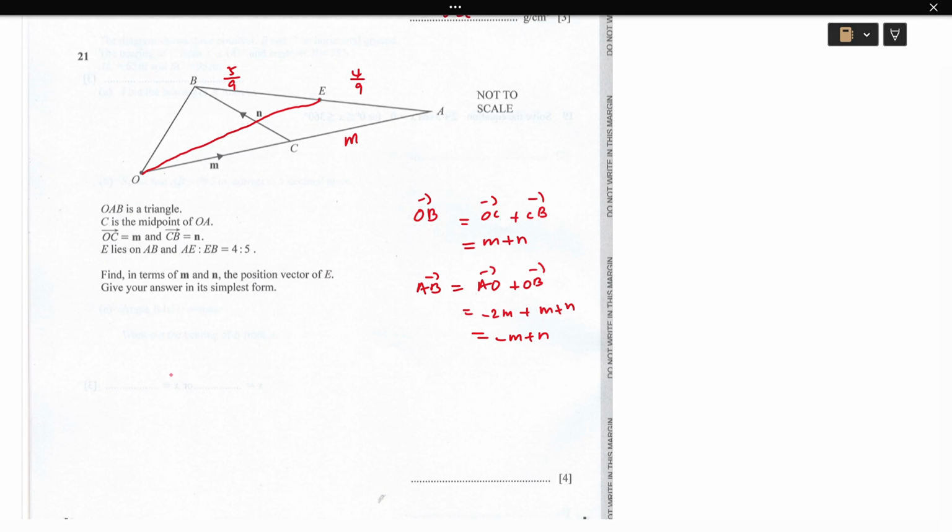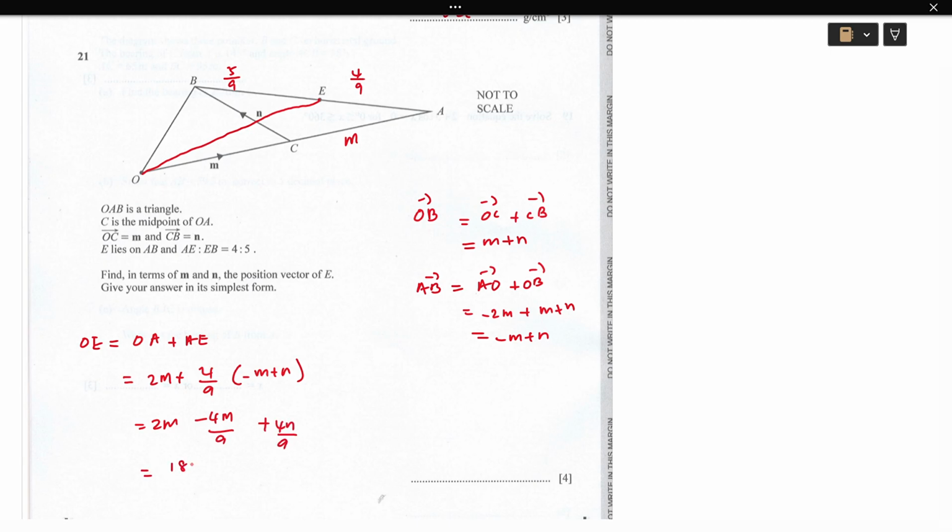Okay, so next I need to find OE. OE equals OA plus AE. OA equals 2m, plus AE which is 4 by 9 into AB. AB is minus m plus n, so we get 2m minus 4m by 9 plus 4n by 9.